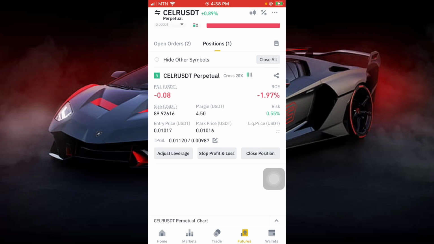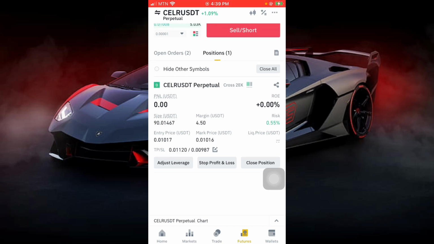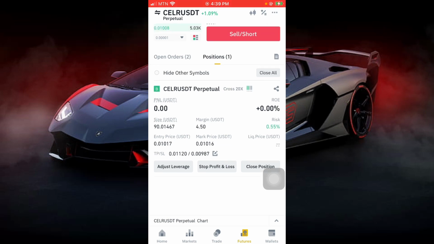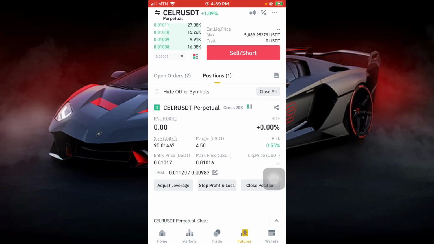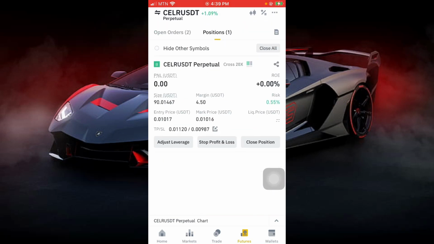TP stands for take profit. When market hits this particular price, my trade will be closed. Then we have 0.00987. That's the stop loss. So when market hits this price, my trade will be closed. So PNL stands for profit and loss. How do you know whether you are in profit?